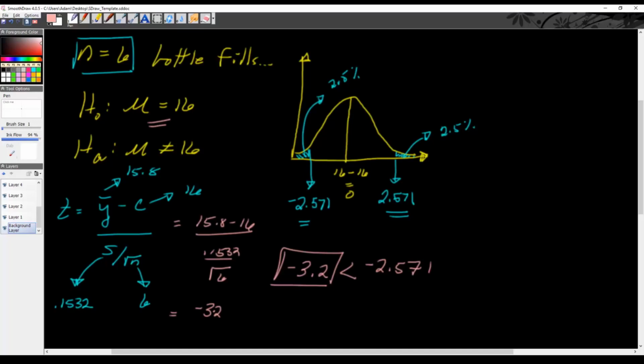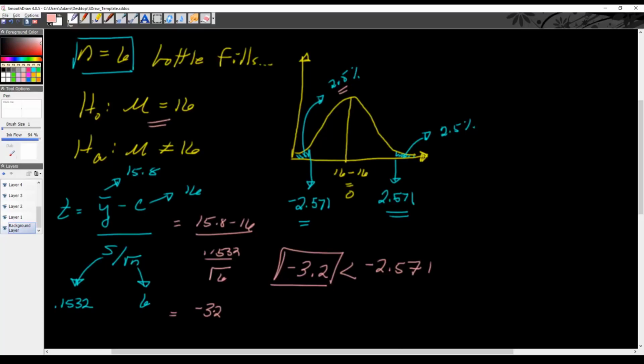In other words, if it's really 16, once I standardize it, very rarely will I observe a sample value that is 3.2 standard deviations from the hypothesized value. I'll observe that less than 5% of the time, if the cumulative area in both tails is 2.5%.